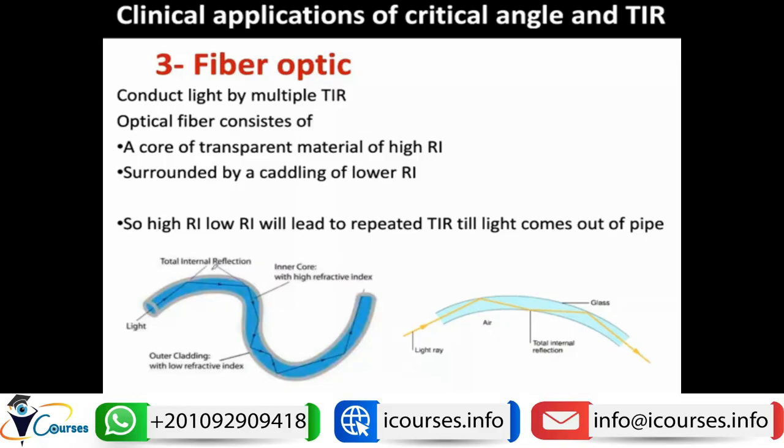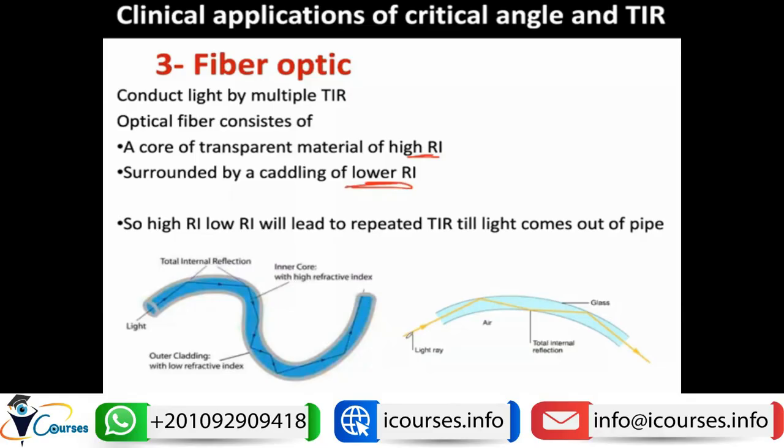The fiber optic has a core of transparent material that has a higher refractive index, so the lumen of the fiber optic is not empty. It is made of a material that has a higher refractive index, while the cuff or the wall of this fiber optic is made of a material of lower refractive index.